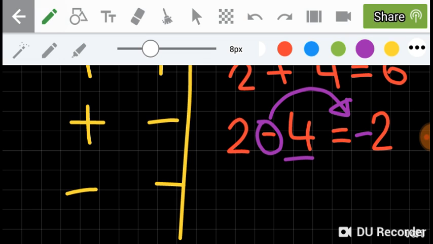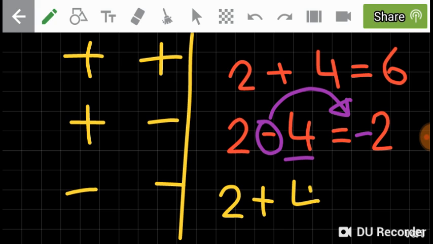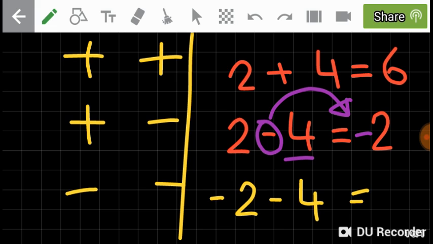And the last one is whenever both the numbers are negative, say minus 2 and minus 4, you basically add the numbers, which gives 6, but because both have negative signs, you put a negative sign in the answer. That is how you can solve all the problems based on addition and subtraction of integers.